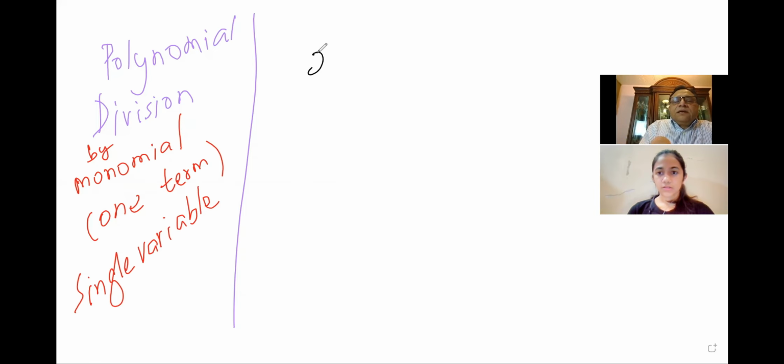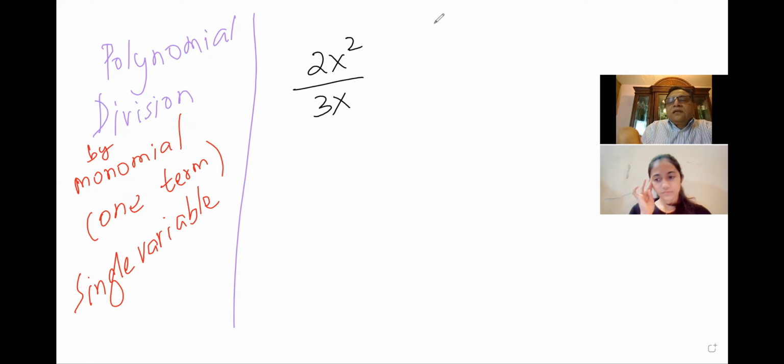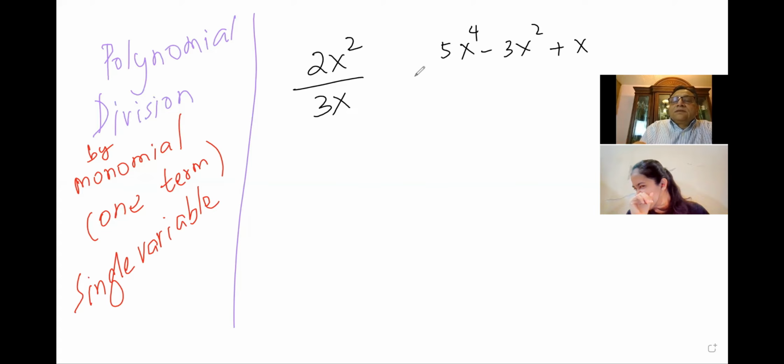We could take examples like 2x squared divided by, let us say, 3x. We could take examples like 5x to the power of 4 minus 3x squared plus x divided by, let us say, 2x.